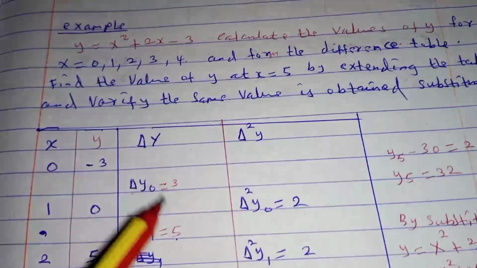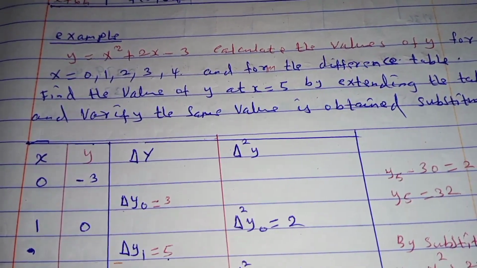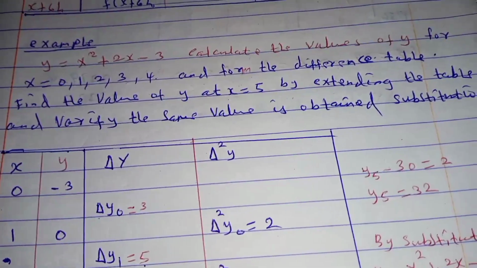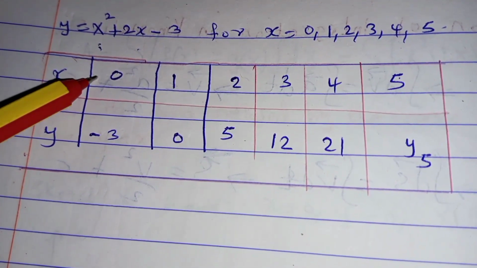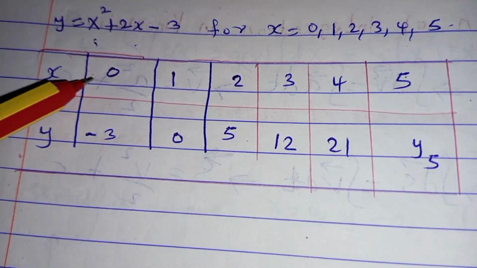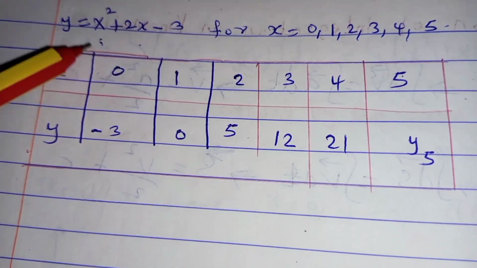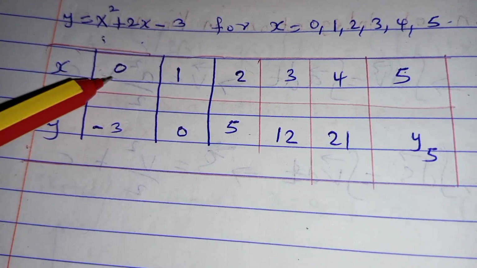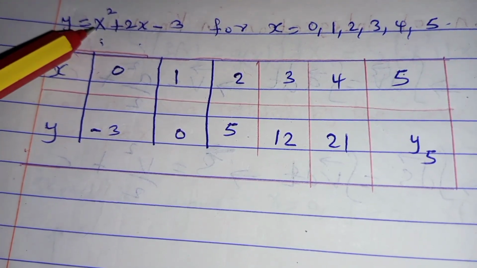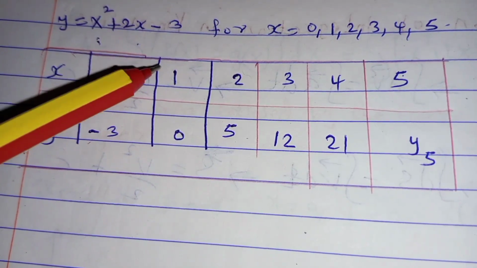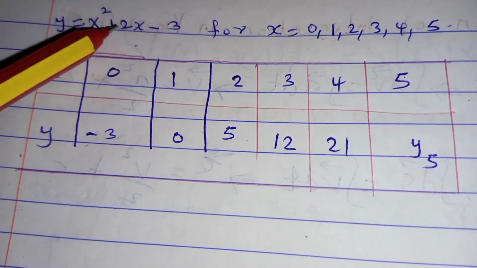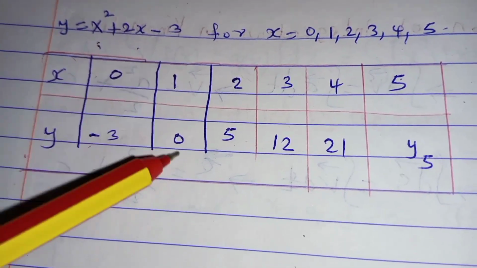To obtain the values of y, you follow the following procedure. Values of y are obtained by substituting the values of x into this formula. When x is 0, y is 0 squared plus 0 minus 3, which is minus 3. When x is 1, y is 1 squared plus 2, which is 3, minus 3 is 0.